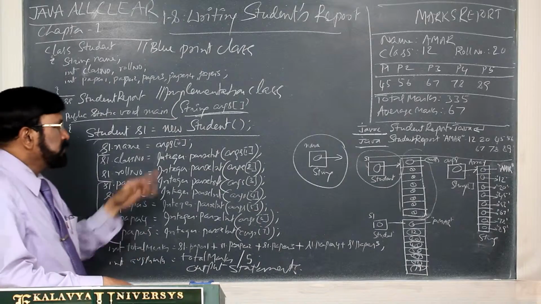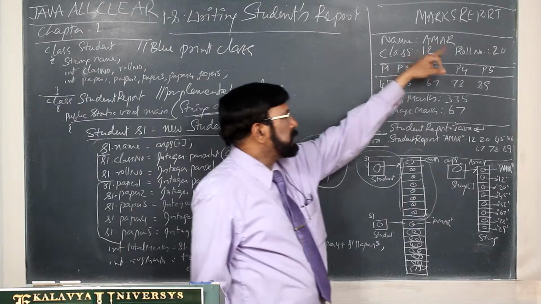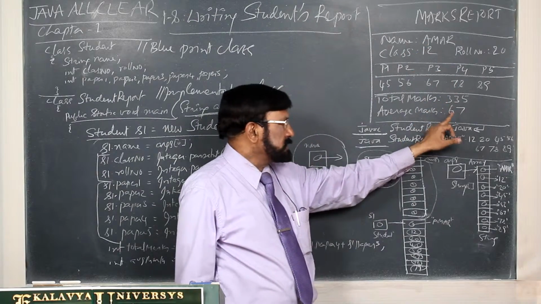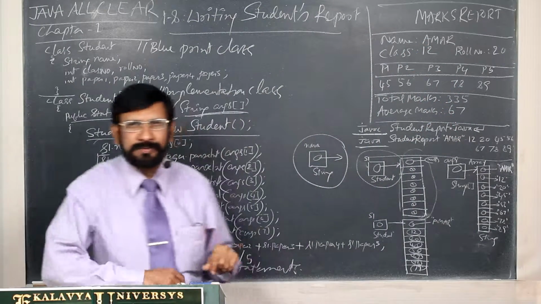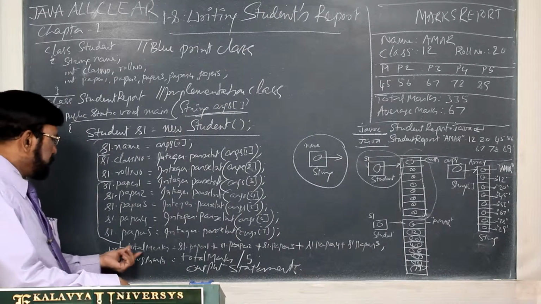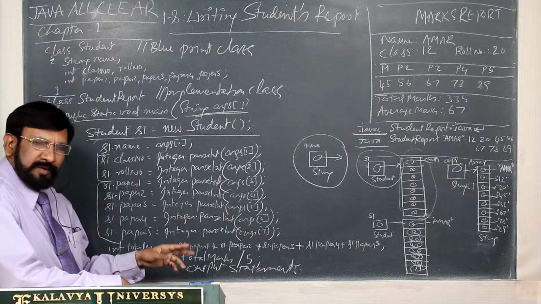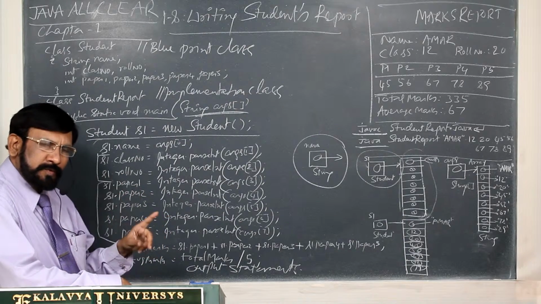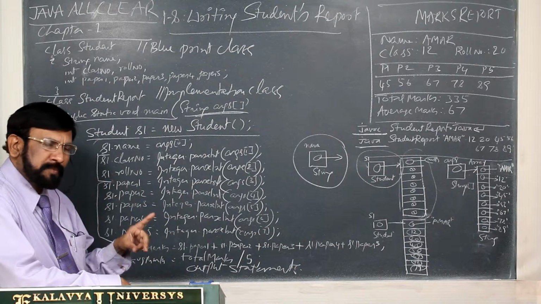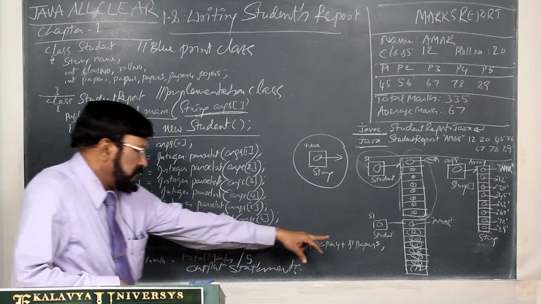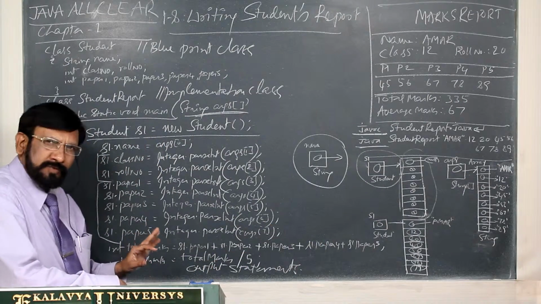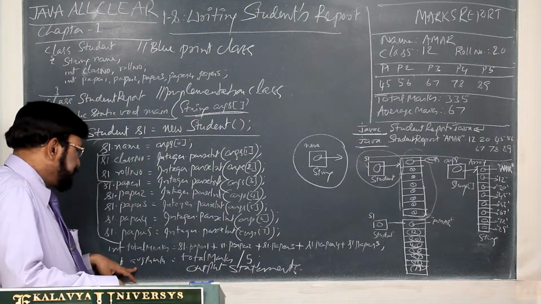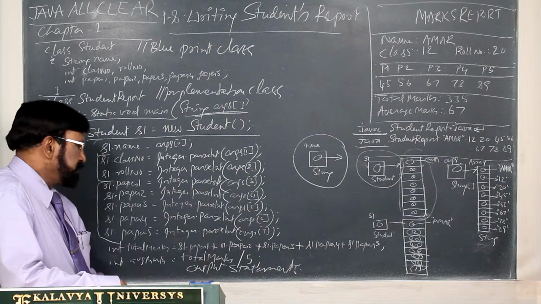Now we can perform operations. What more do we require apart from this? We want total marks, we want average marks. For this purpose, into total marks we are writing the required formula: s1.paper1 plus paper2 plus paper3 plus paper4 plus paper5. Then the total marks we can calculate, and next average marks, total marks by 5.